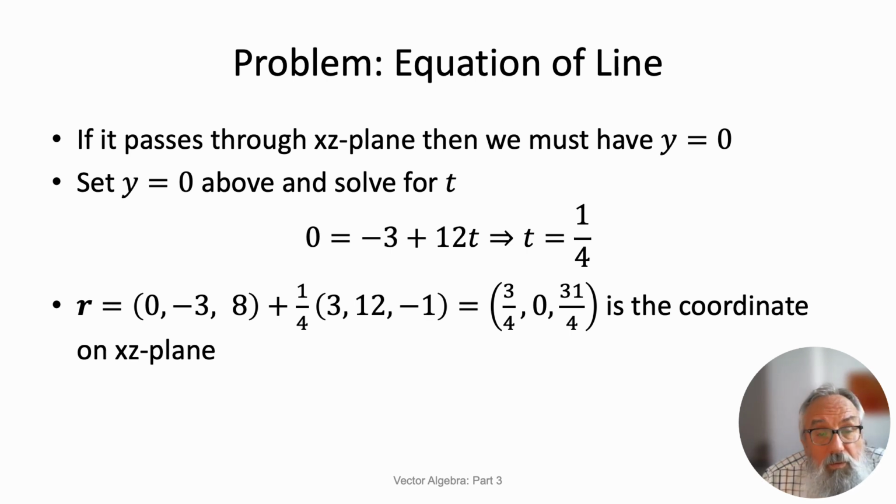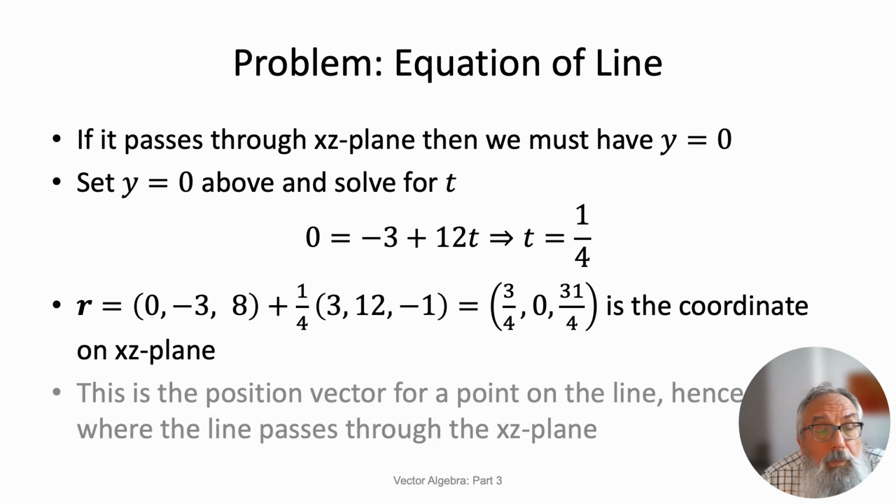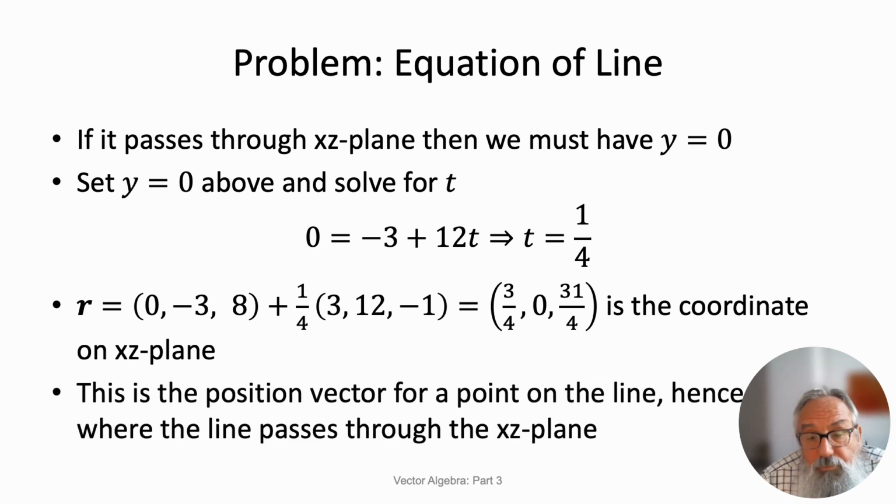So at the point on the xz plane where this line, that's parallel to the one we were given, passes through (0, -3, 8), it has coordinates (3/4, 0, 31/4) when it passes through the xz plane. That's when y equals 0. So the answer is it does, and this is the coordinate.